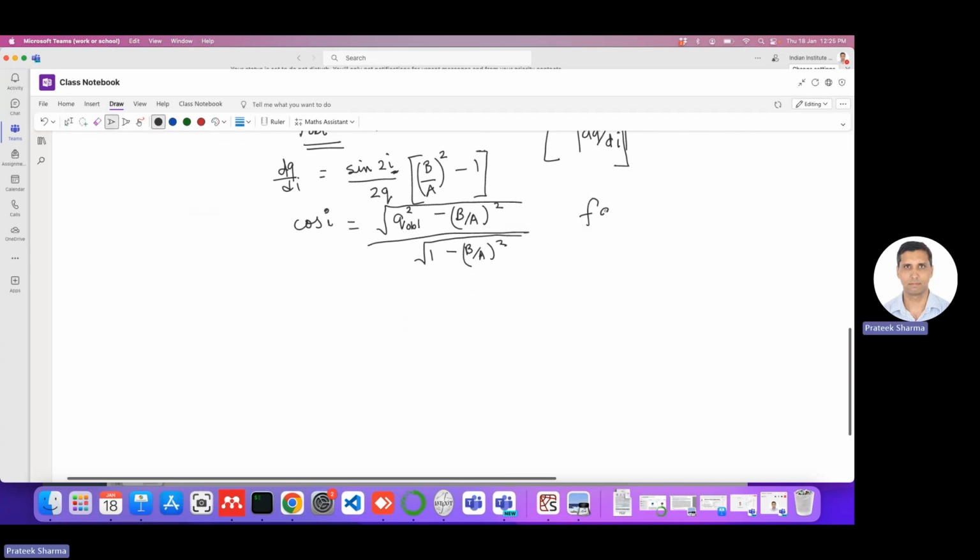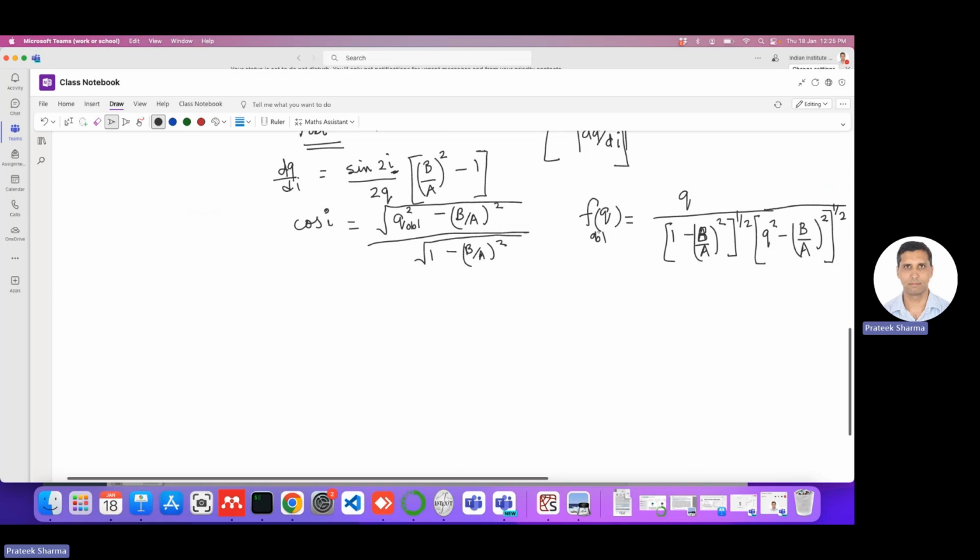That fq oblate is equal to Q by the square root of 1 minus B by A the whole squared, and then the square root of Q squared minus B by A the whole squared. Okay, so this is the distribution function that you expect.